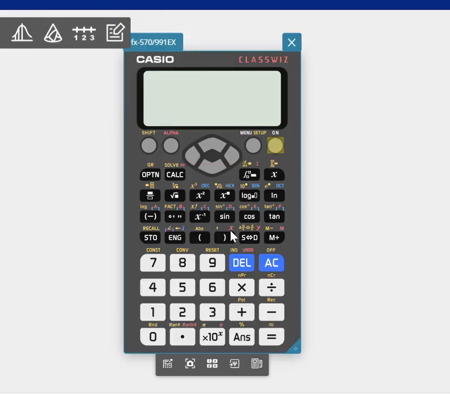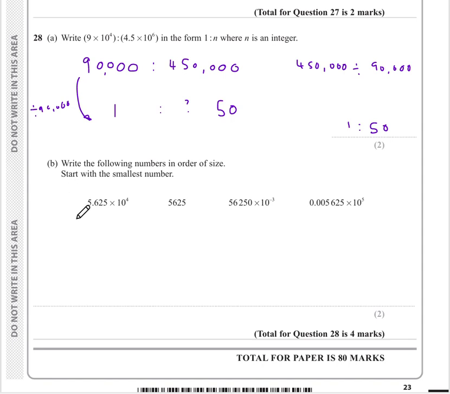If we put, for example, the first number in, 5.625, and this button here at the bottom, this little times 10, and we put the power 4 in, that is going to convert it to an ordinary number for us. So that one's going to be 56,250. So this is already as an ordinary number.